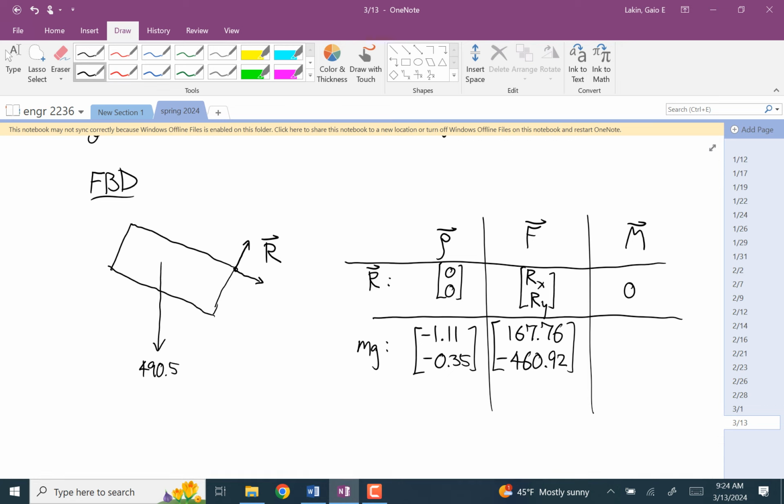And the cross product of those two is positive 570.34.